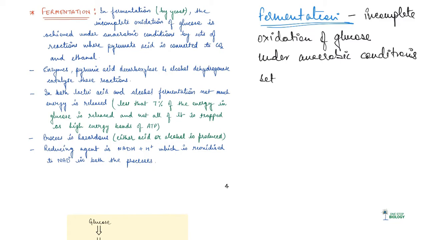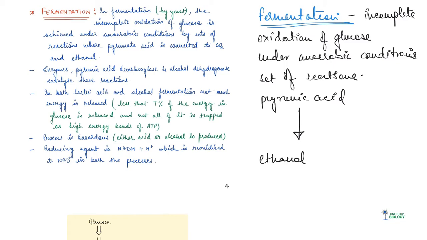And there is a set of reactions, and here pyruvic acid is converted into ethanol and carbon dioxide, right? So it is converted into ethanol and carbon dioxide.